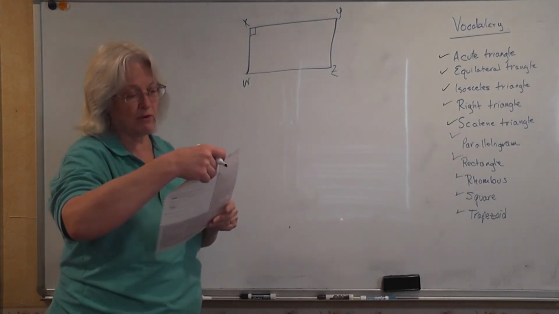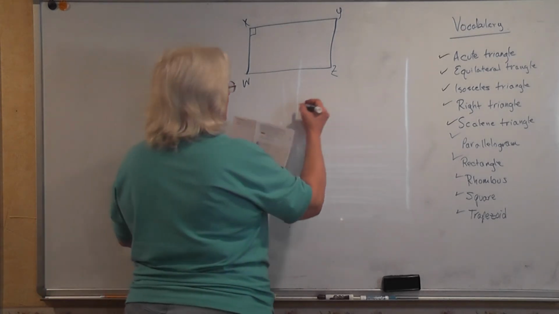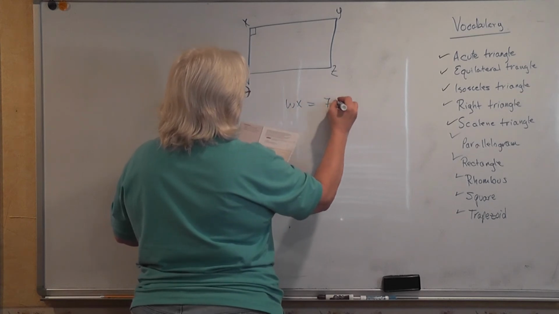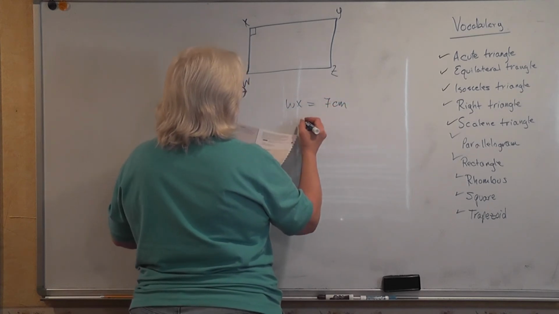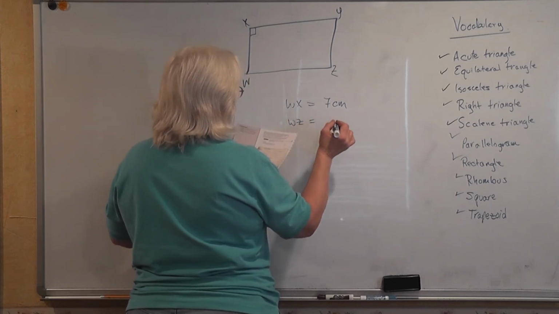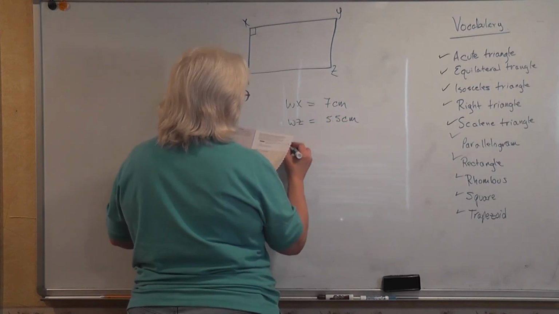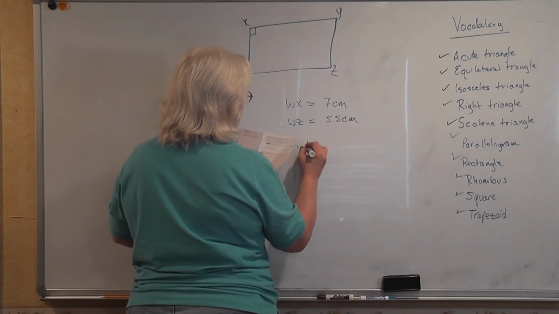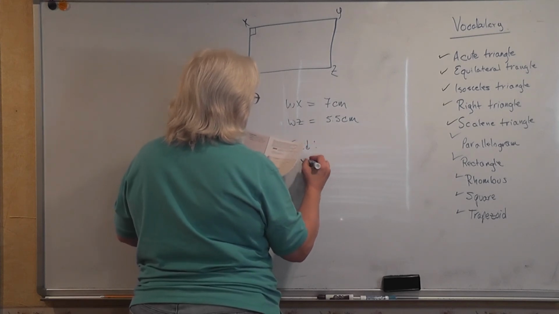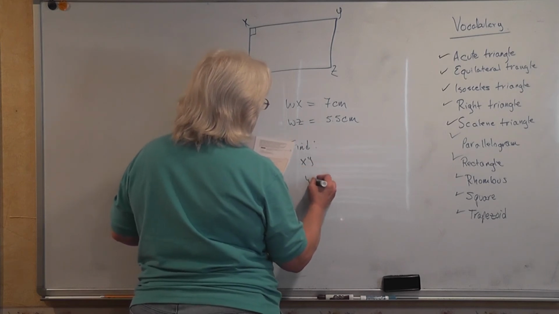So here we have our rectangle. And it says that side WX is equal to 7 centimeters and side WZ is equal to 5.5 centimeters. Find the lengths of the other 2 sides, which are XY and YZ.